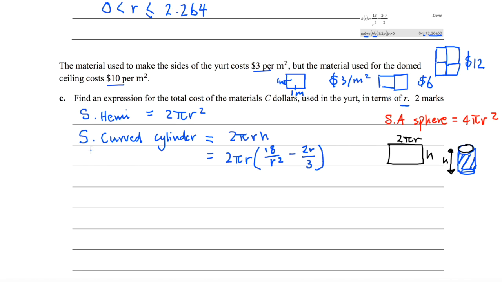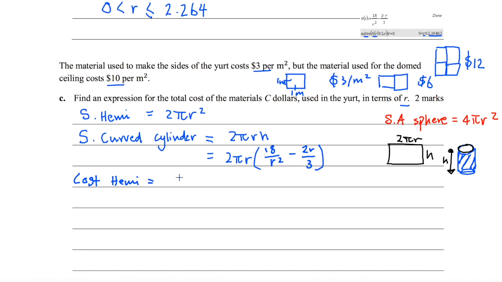Alright, so now we simply just need to know the cost. The cost of a hemisphere, as I said before, you just need to multiply by the cost per meter squared. So let's do the domed part first. The material used for the dome ceiling costs $10 per meter squared. Well, we've got 2 pi r squared meters squared of surface area for the dome part.